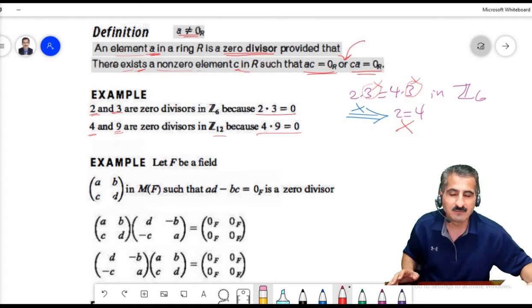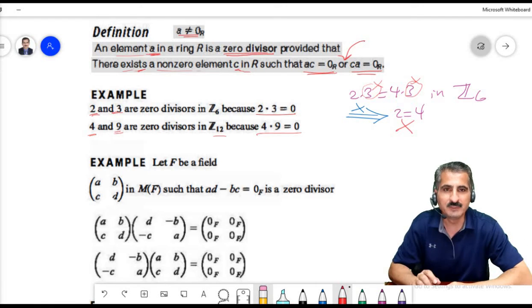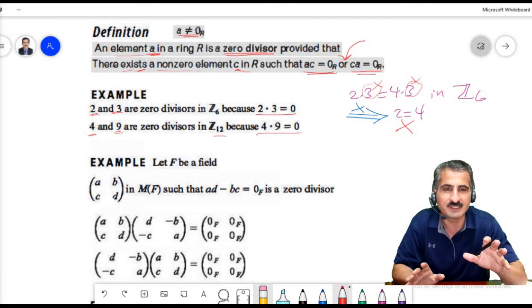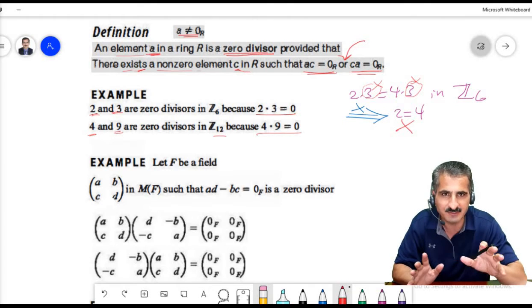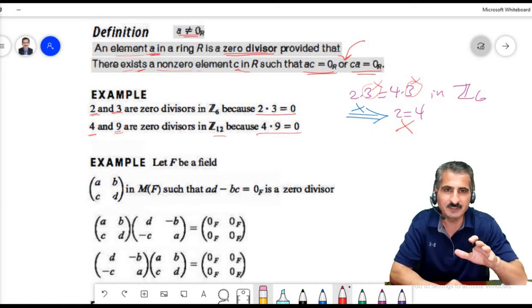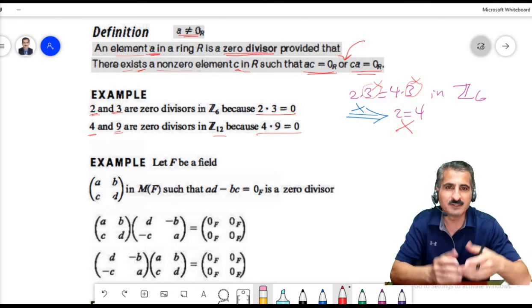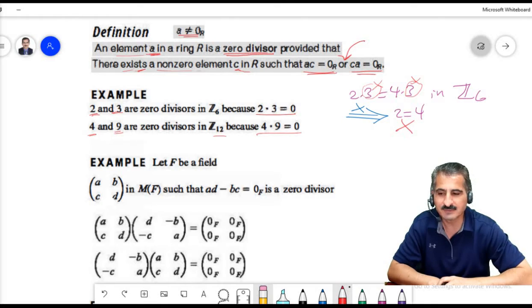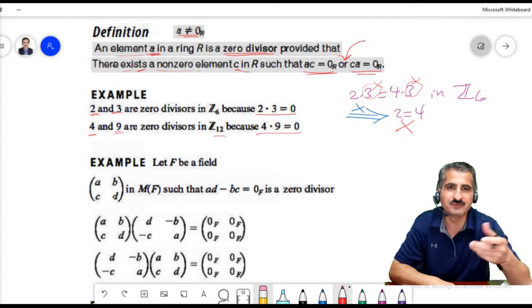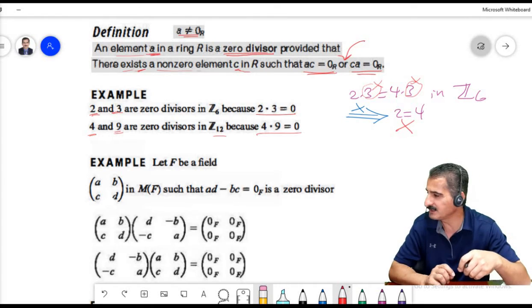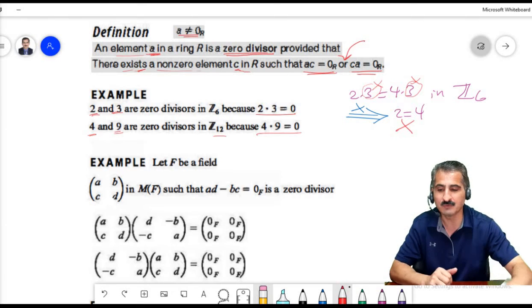Why did that happen? When there are zero divisors in some ring, avoid cancellation. You cannot do cancellation when there are zero divisors. But if we guarantee that there are no zero divisors, then we can do cancellation. And that will motivate us for the definition of integral domains. What I just said is in fact a theorem that we will prove in a while.